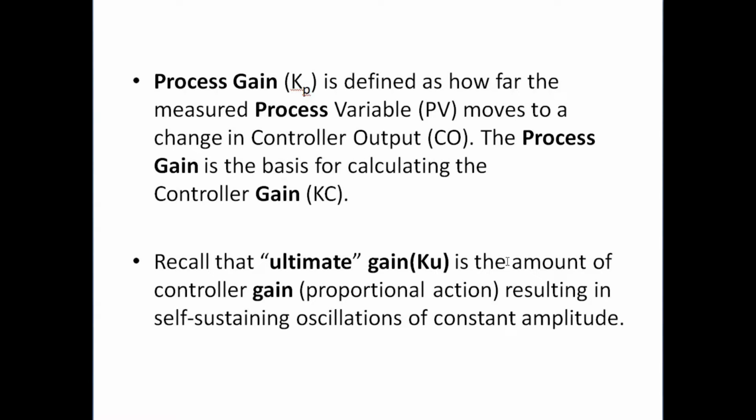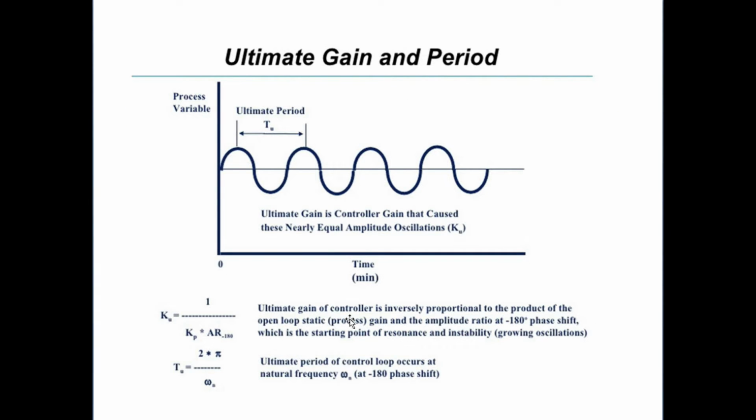Ultimate gain, Ku, is the amount of controller gain resulting in self-sustaining oscillations. Here we can see this is the oscillation. Initially we need to increase the gain slowly, and at what value of gain we get oscillations having a uniform amplitude, like a sinusoidal wave, right?